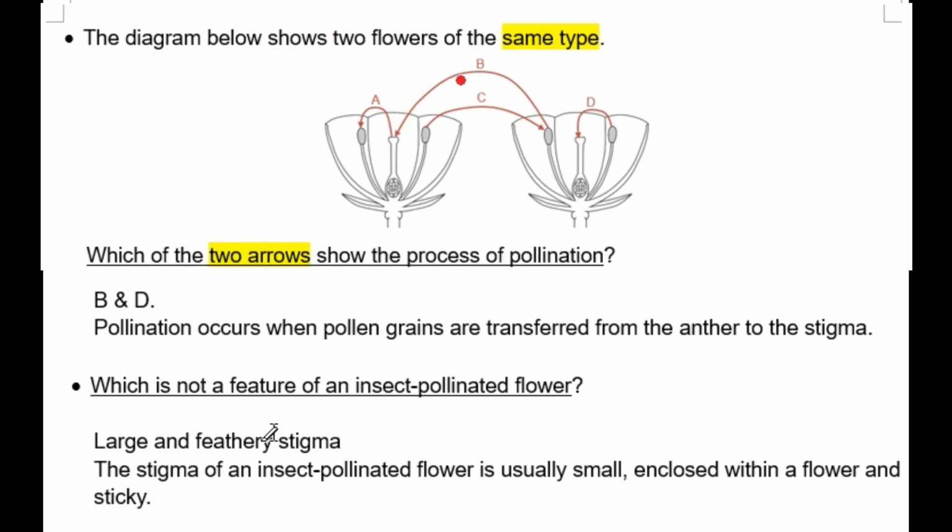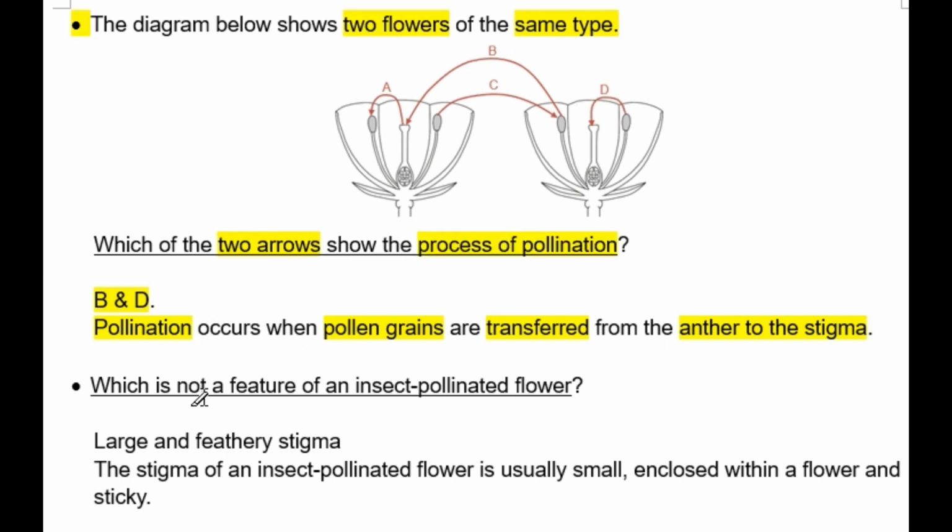B and D. Pollination occurs when pollen grains are transferred from the anther to the stigma, which is not a feature of an insect-pollinated flower. Large and feathery stigma. The stigma of an insect-pollinated flower is usually small, enclosed within a flower and sticky.